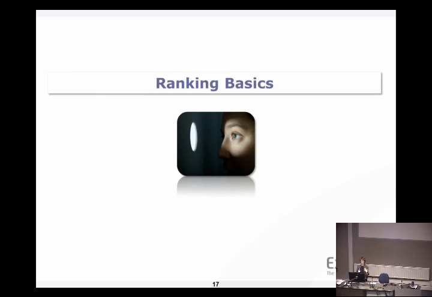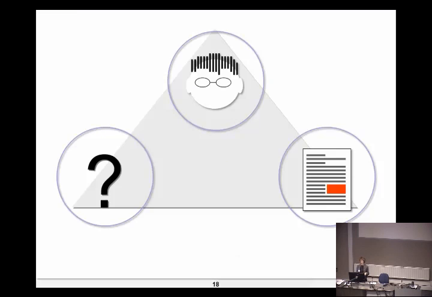Now, I just want to go back a little bit to basic ranking. How do we match? How do we give a score to a result on a result list by which later we sort the results? Just as we see it, there are three major components to this ecosystem. There is a query, a specific query. There is a document that we need to give a score, and there is a user.